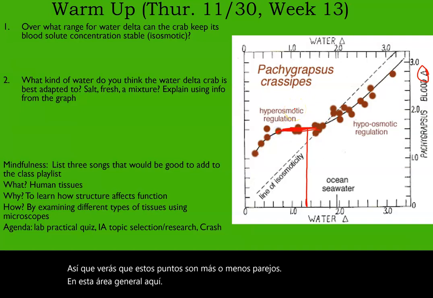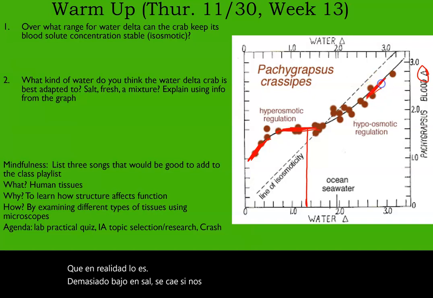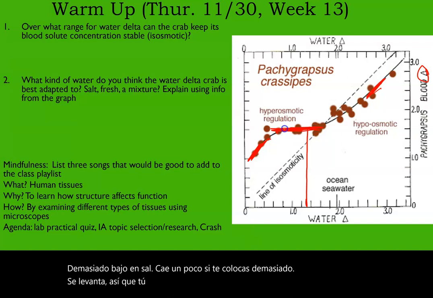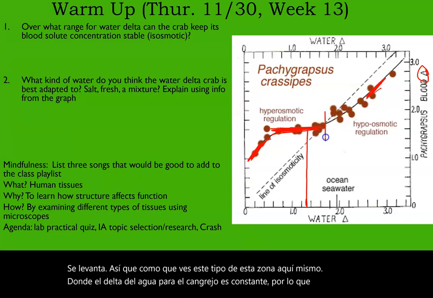If we get too low in salt, it kind of drops. If we get too high, it rises up. So you see this zone right here where the water delta for the crab is constant. So we want to look at the range basically of these dots here.